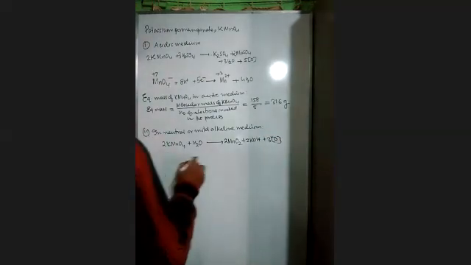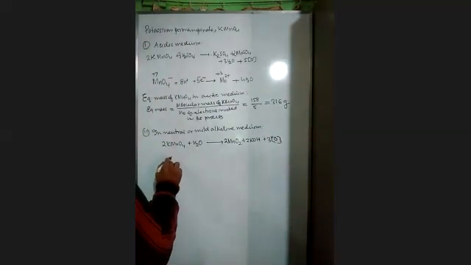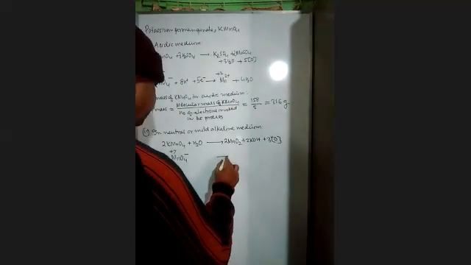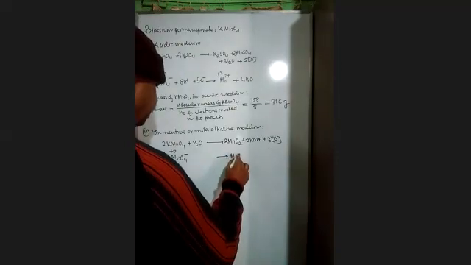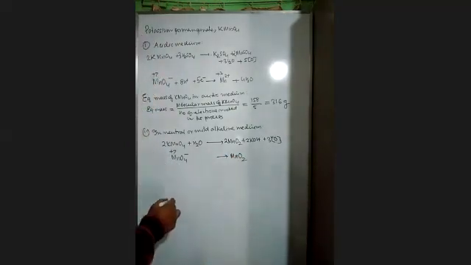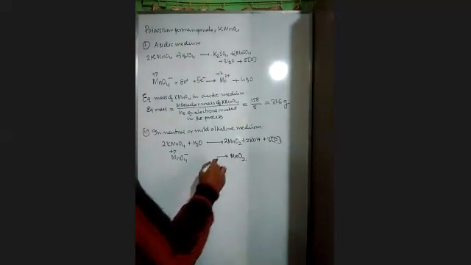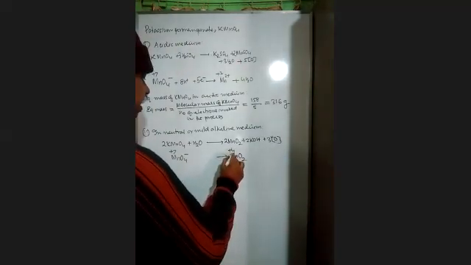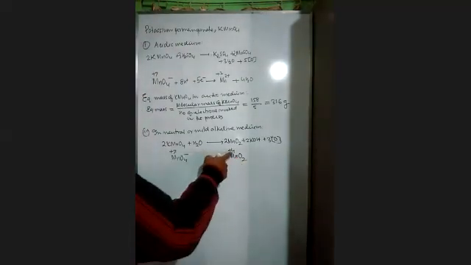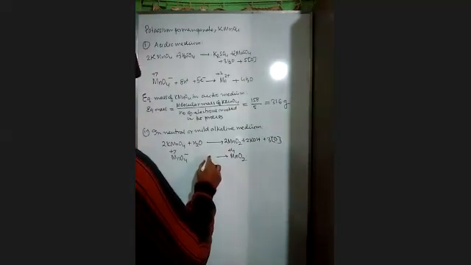So I'll write down this ion electron method. So it is manganate minus plus 7. What does it give? Manganese dioxide is a covalent molecule, so it is a neutral molecule. Here it is plus 4. So plus 7 has come down to plus 4. How many electron I have to add? 3 electron.